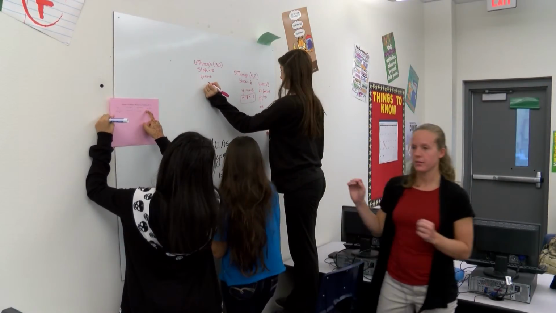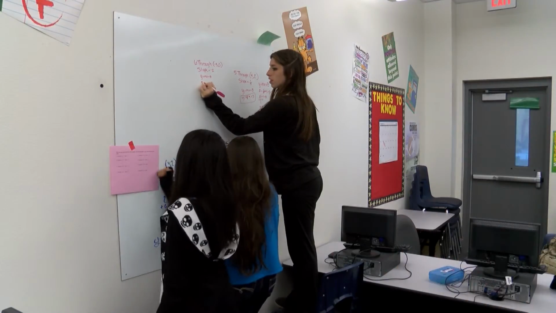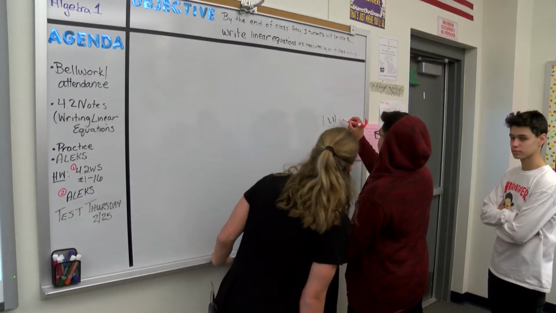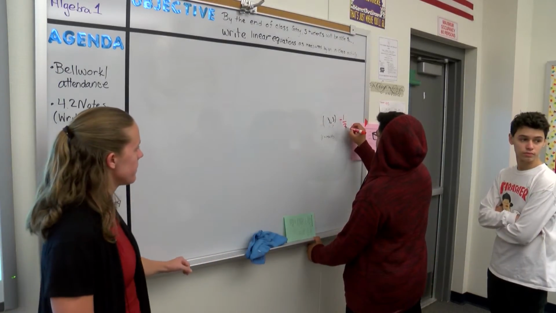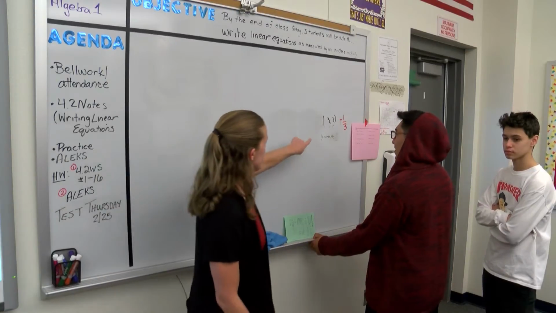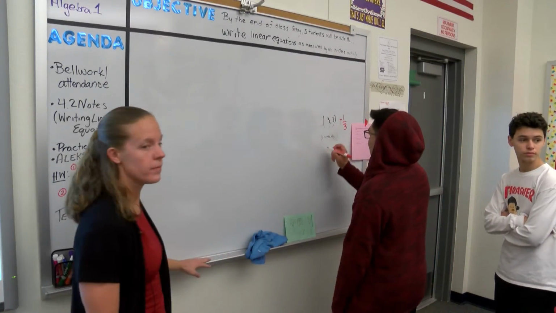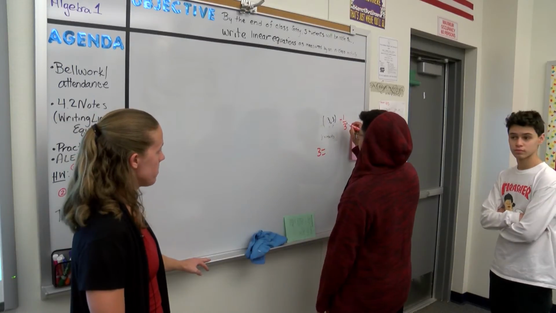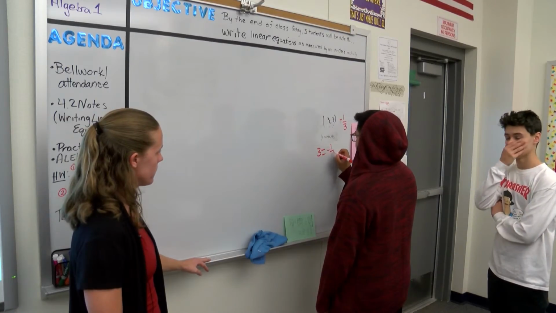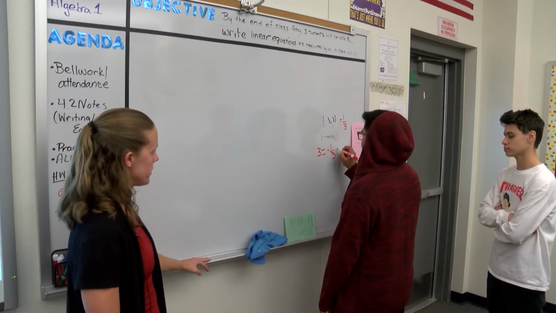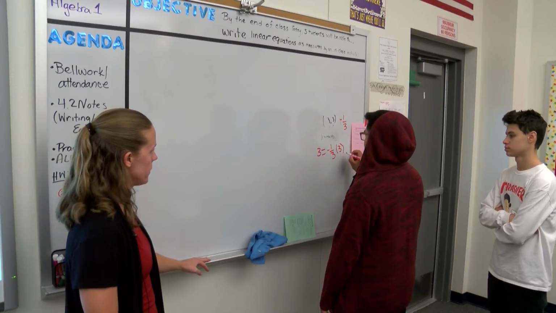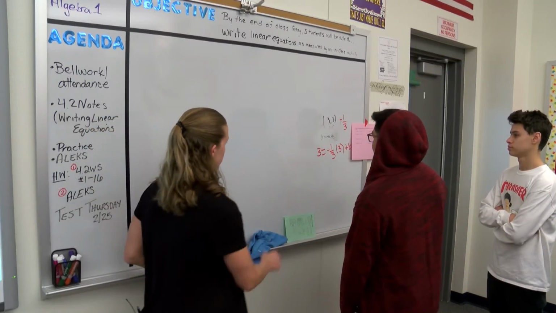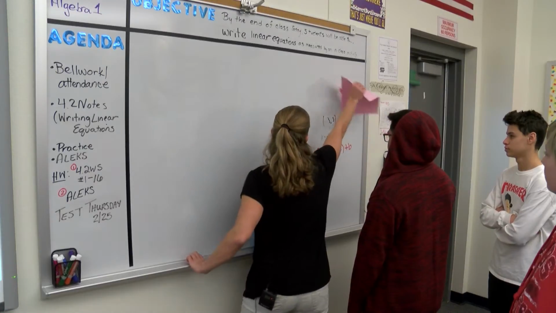Put your x value in. Negative 1/3. Okay. So now fill your points in. M, -1/3. Parentheses, and what is your x value? Good. Plus b.